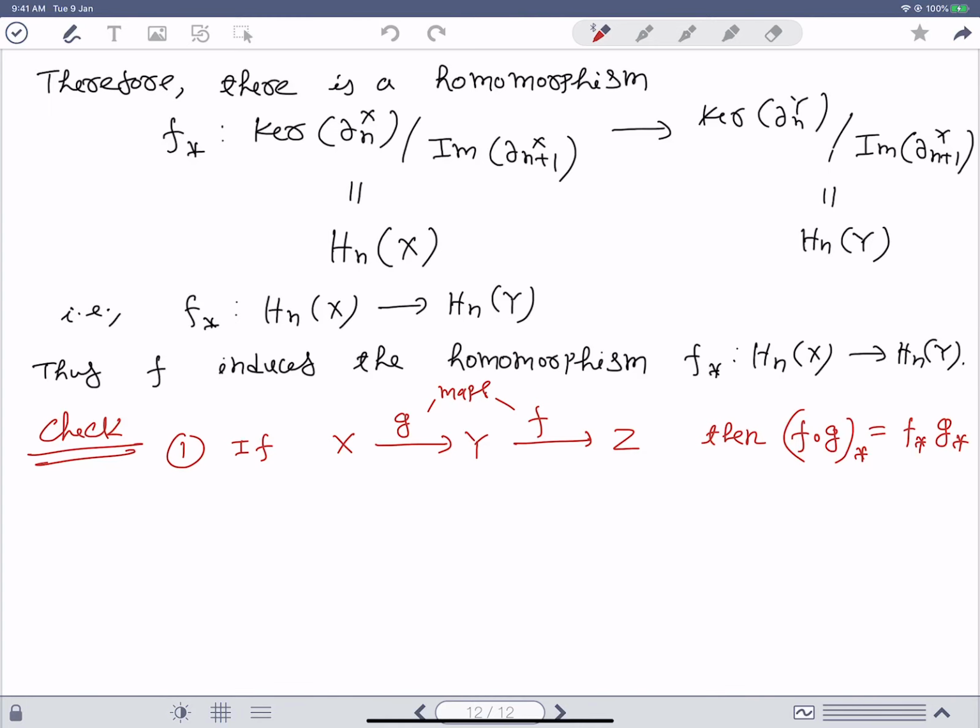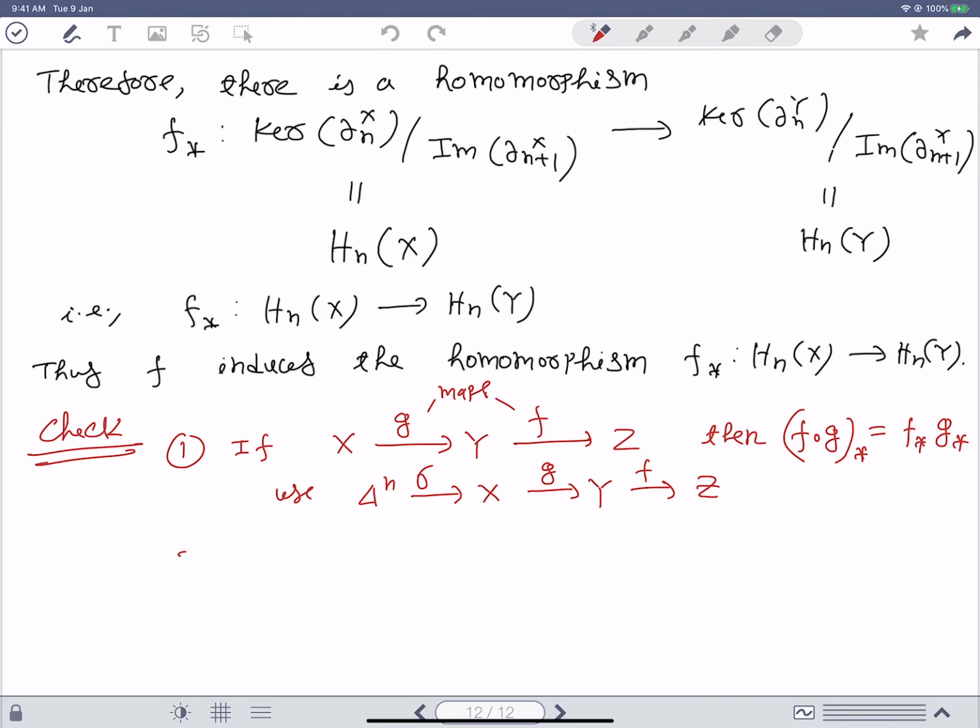You can easily verify this, and you have to use here del n from x to y to z. So this is my sigma, this is my g, this is my f. Okay, since you can easily check that by the construction, all of these maps are just additive, right, in terms of homomorphism. Therefore you can easily verify this one.